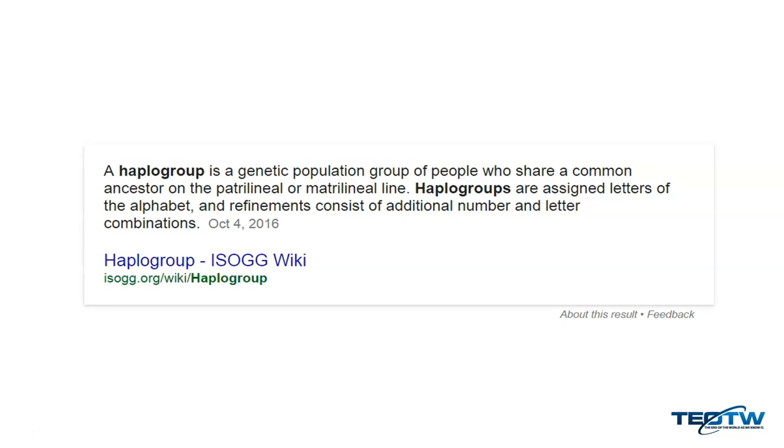Now, remember, modern science says that all of mankind originated in Africa. So if there were no mutations in the gene, we all would have the exact same haplogroup. We all would be descendants of Adam, right? Which we are, right? But understand that, right?